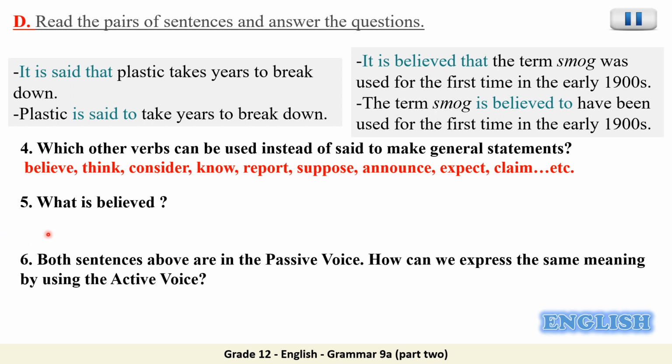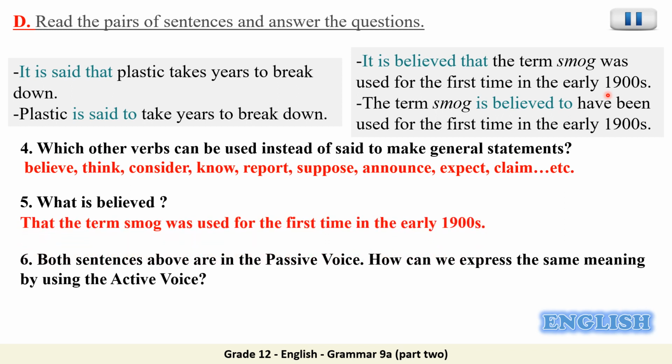One more question. What is believed in this sentence? You must have read it. It is believed that the term smog was used for the first time in the early 1900s. Here is what is believed. Question 6. Both sentences above are in the passive. It is said, plastic is said, it is believed, all are passive.